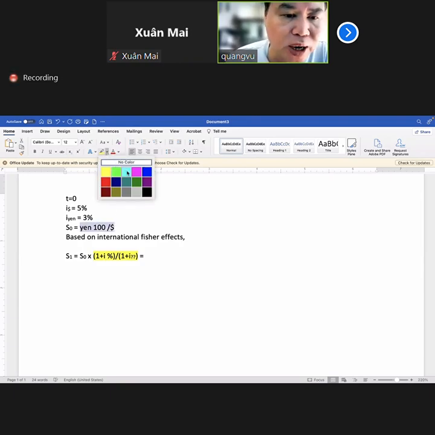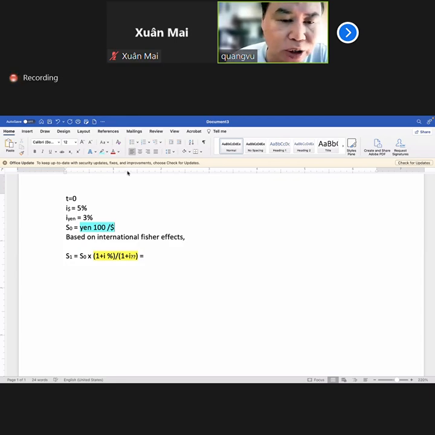By looking at the exchange rate quotation, you learn that the yen currency, the price currency, is placed in the numerator of the fraction. So the nominal interest rate in the numerator of this fraction must be the nominal interest rate in yen.